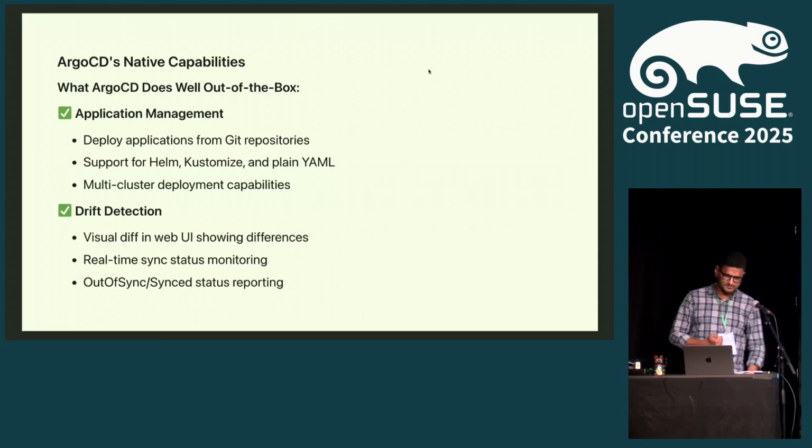If something is changed in the background, you need to know what has actually changed. ArgoCD provides a nice UI where you can see the visual diff and real-time sync monitoring, like what actually happened and who changed it, a nice audit trail, and whether it is out of sync or not.